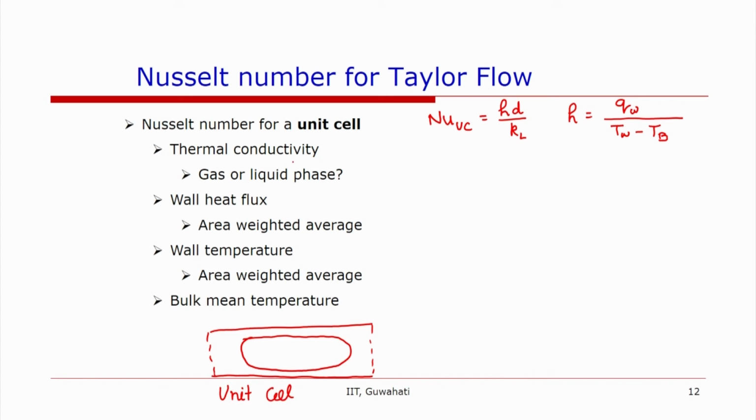So, the thermal conductivity, as we discussed already, is always that of the continuous phase or the liquid phase which is in contact with the wall. So, the conductivity of the continuous phase will be taken into account. For the wall heat flux, if we have any boundary condition which is not constant wall heat flux, then we can get the area weighted average of the heat flux.